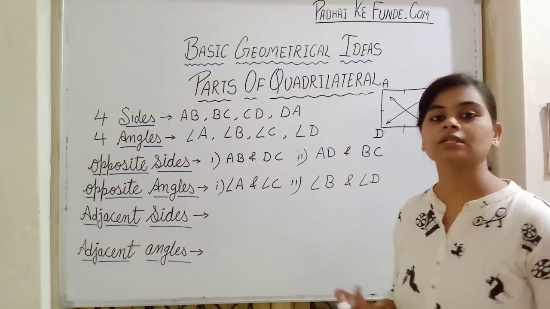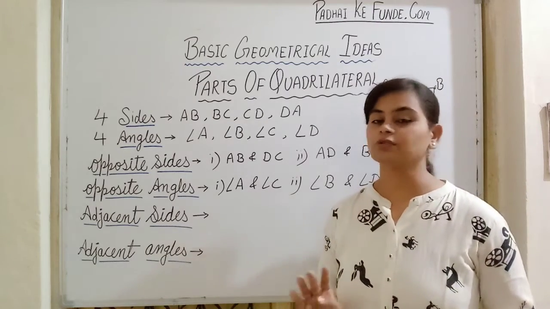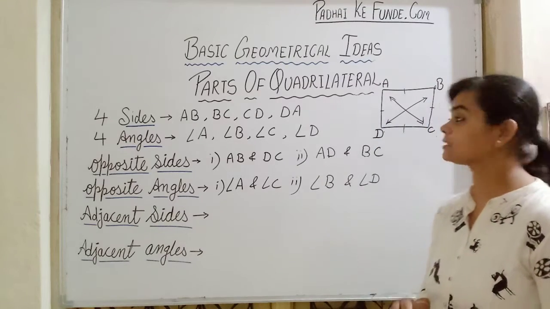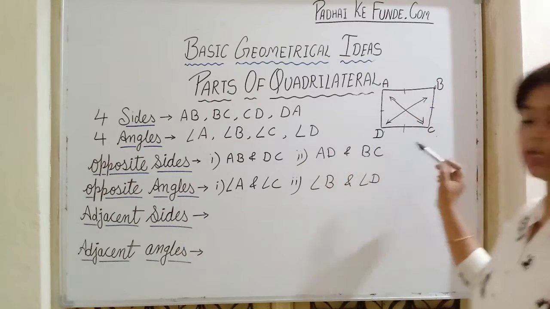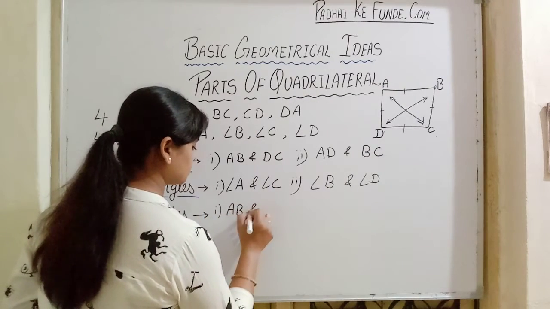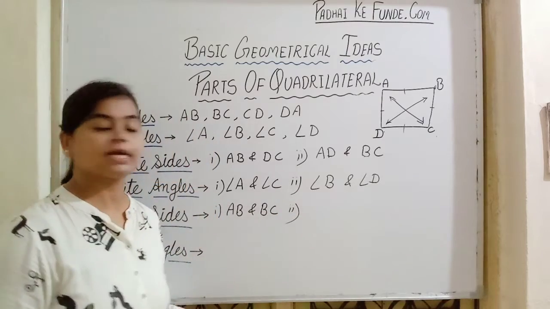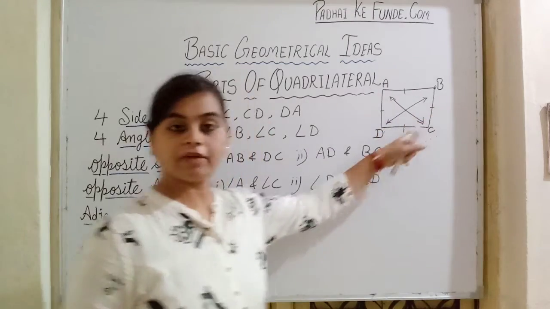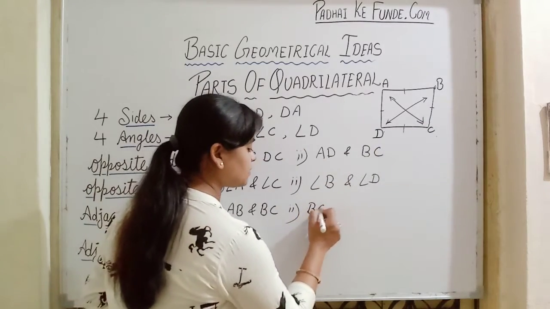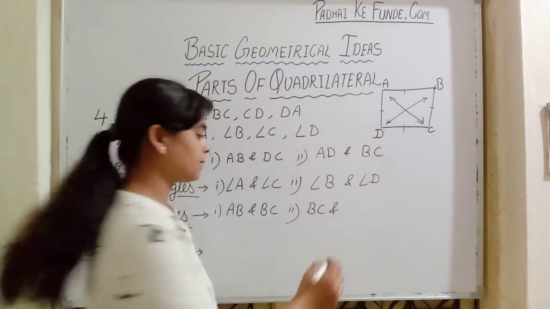In a quadrilateral, in case of adjacent, we will get 4 pairs of adjacent sides and 4 pairs of adjacent angles. So the first pair is AB and BC. For the second pair, we start from BC, and next to BC we have CD.